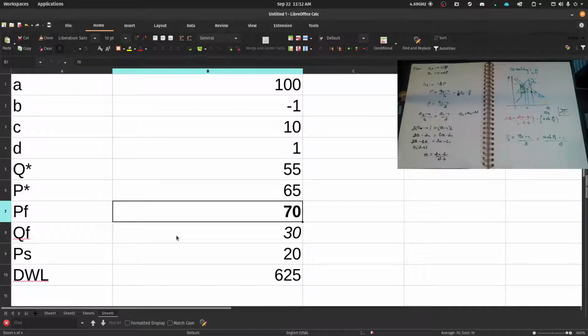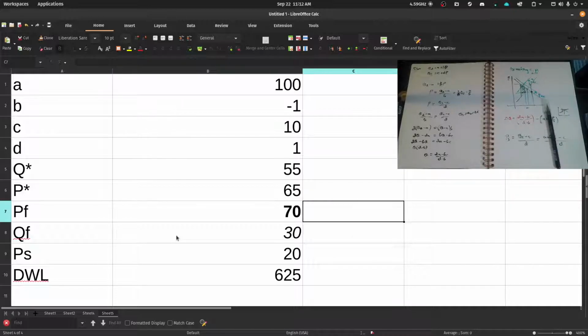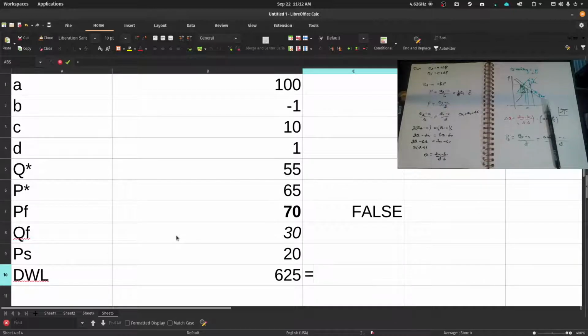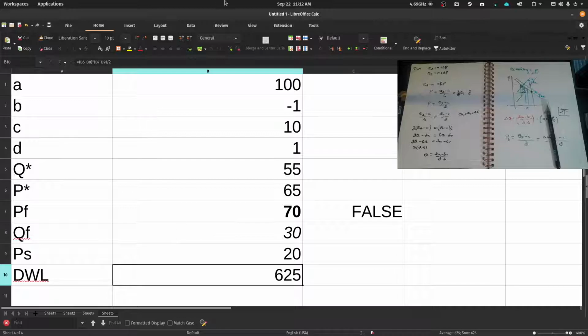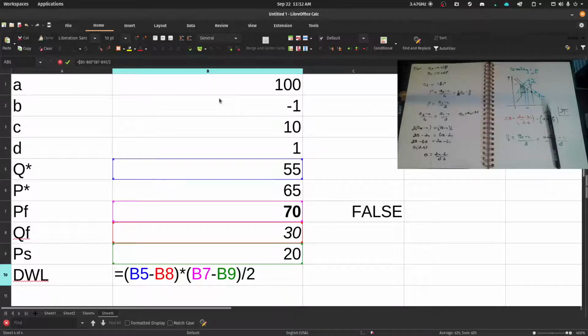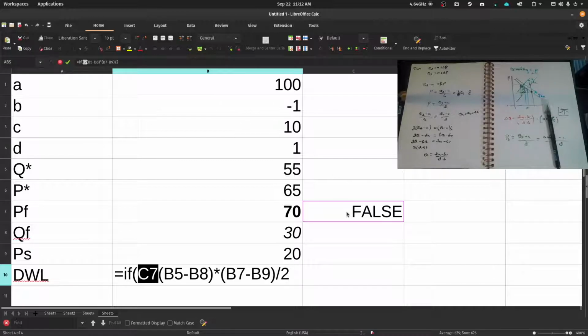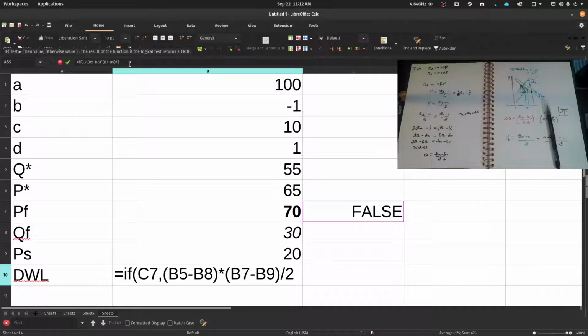It's up to us as the human being in this equation to interpret things sensibly, to double-check stuff. Right? So we might also ask, is this price floor less than our equilibrium price? And if it's false, then we should just say, let's ignore this. Right? So our dead weight loss should be equals, if we do have a binding price floor, then it's going to be this.